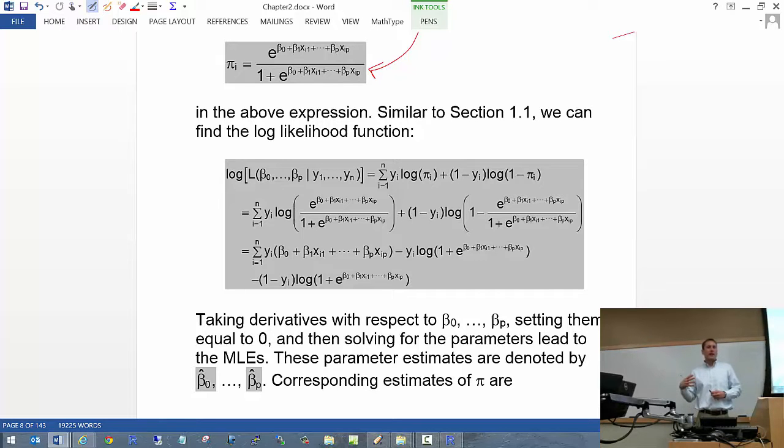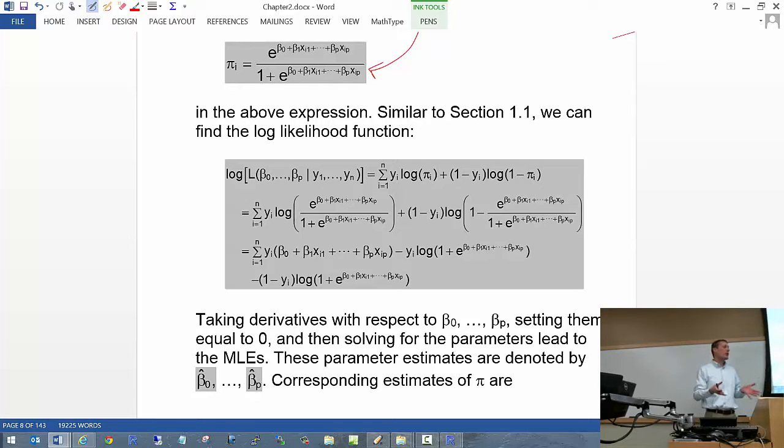Now, perhaps you're thinking right now, geez, I never want to have to do that on a piece of paper. Well, you're not going to have to. First of all, there's usually not a closed form solution that exists. Meaning I cannot write out, similar to what you would have with a normal linear regression model, beta hat 1 is equal to, say, the sum of the x's times the sum of the y's. I can't do that.